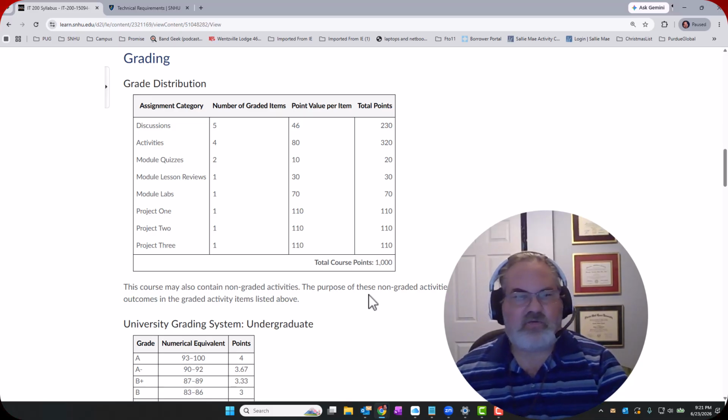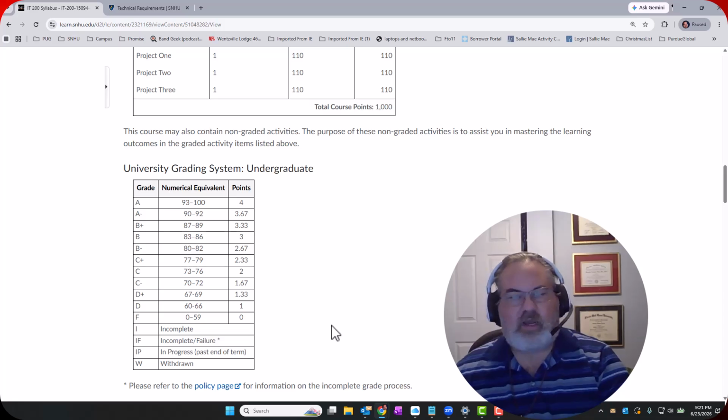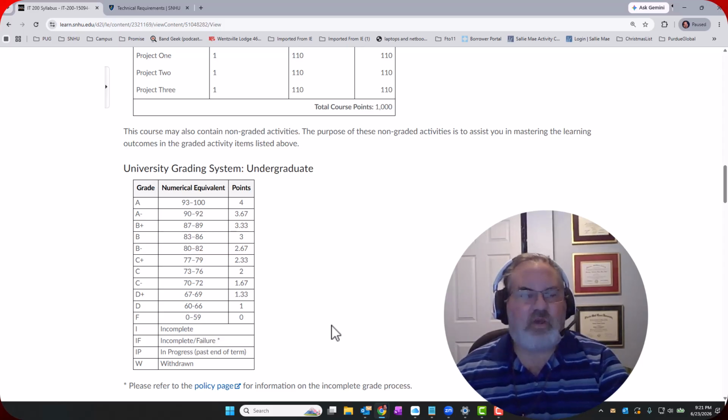So even though it's not graded, it doesn't mean don't do it. It is well worth doing them, even though you don't have to turn them in and get feedback on those.